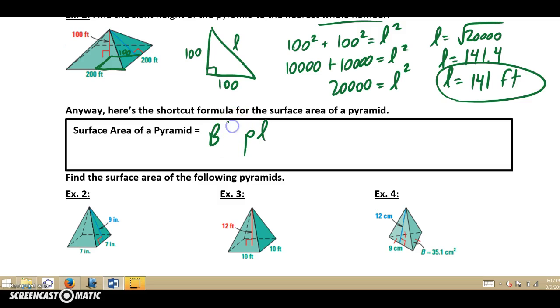But there's one other thing we have to take into account. Those faces are triangles now, not rectangles. Obviously, area of a triangle is 1/2 the area of the base times the height of that triangle. So your full formula is base plus 1/2 perimeter times the slant height. Okay? So, we'll need to know all of that. So actually, you don't even need the regular height for surface area.